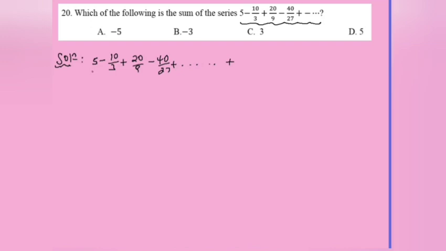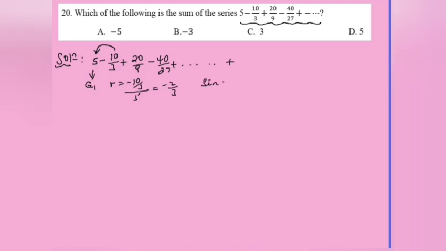So here the first term g1 is 5, and the common ratio is obtained by dividing the second term by the first, which is minus 10 over 3 divided by 5, which is minus 2 over 3.